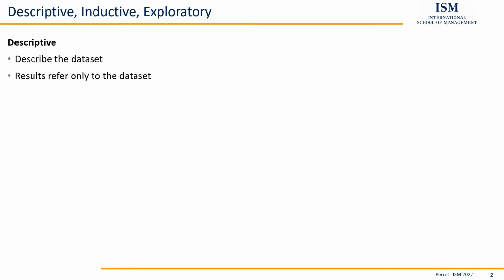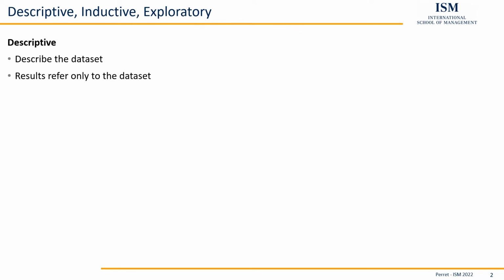In this context, the results of your descriptive analysis only refer to the data, only refer to the sample you have. You cannot make any prognosis on the population. So you cannot actually get from the sample results to the population situation.